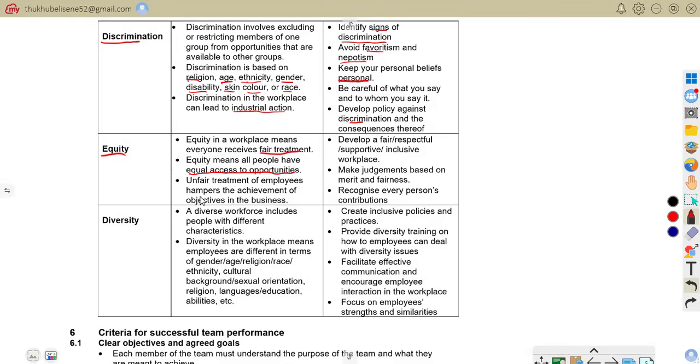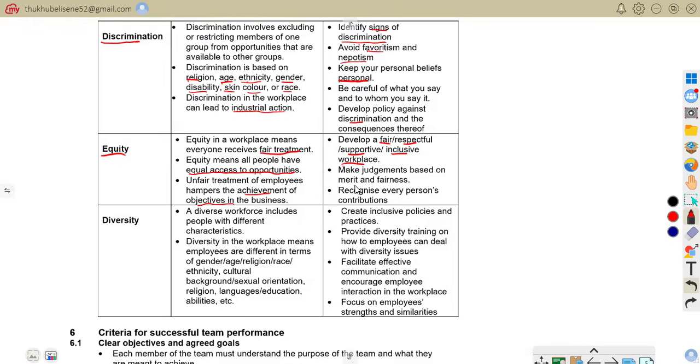Unfair treatment of employees hampers the achievement of objectives in the workplace. So how are we going to address this factor? Develop a fair, respectful, supportive, inclusive workplace, whereby every person is respected, whereby they are going to have equal opportunities.